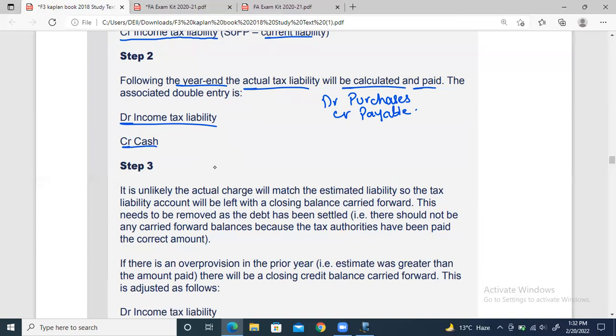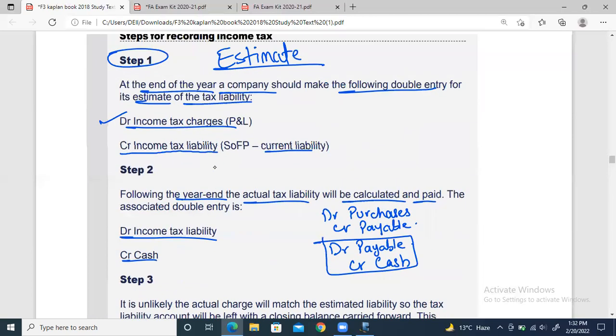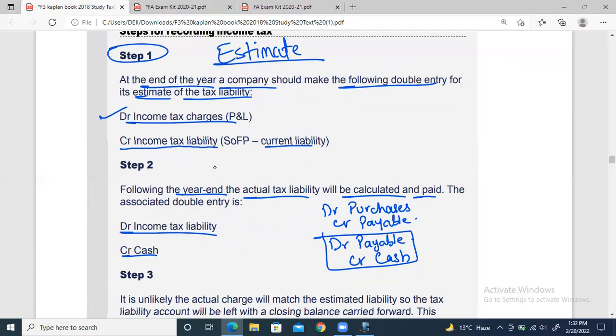Now when the cash is actually paid, we finish the liability first: debit payable, and credit cash. At this point the cash has actually been paid. So exactly the same thing is happening over here.